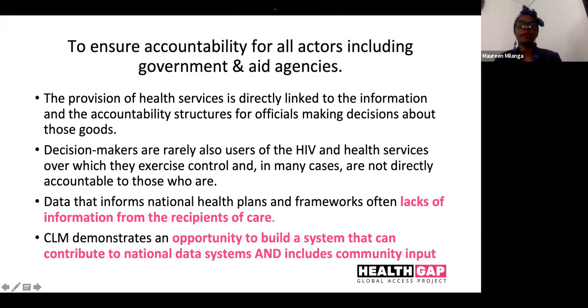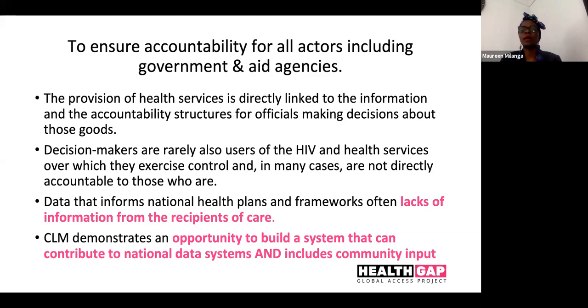A lot of the times, decision makers who make the decisions about service delivery, and who or where or how people are going to get those services, are usually not in direct contact with the people who normally receive those services.